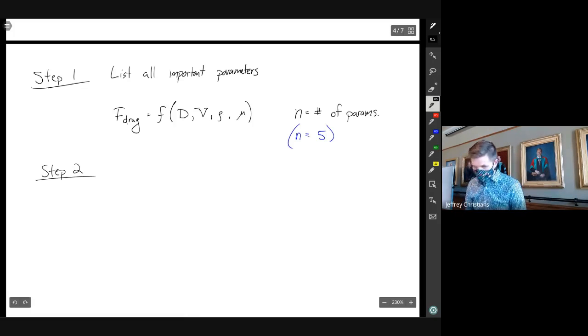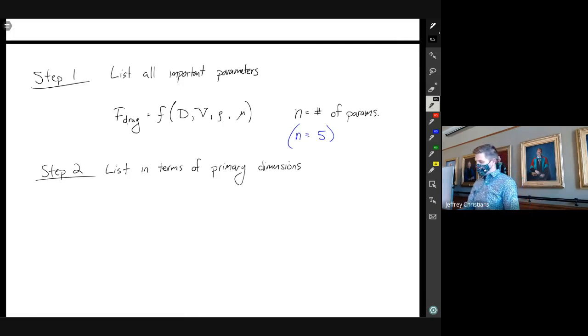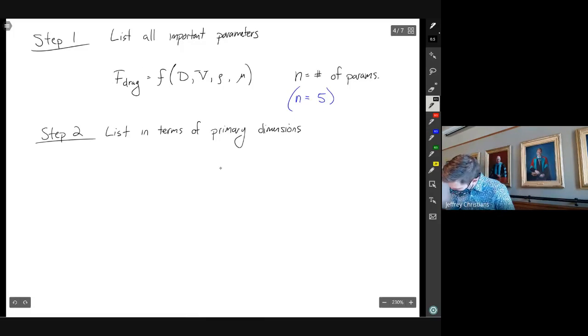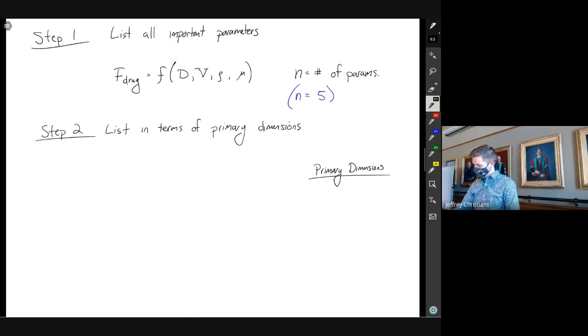Step 2, we're going to list them in terms of the primary dimensions. Okay, so what do I mean by primary dimensions? What's a primary dimension?